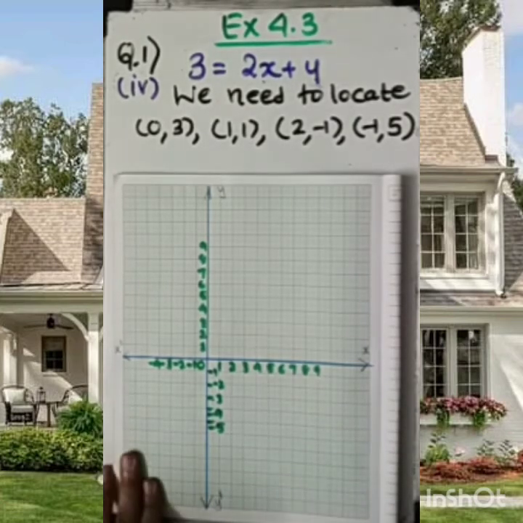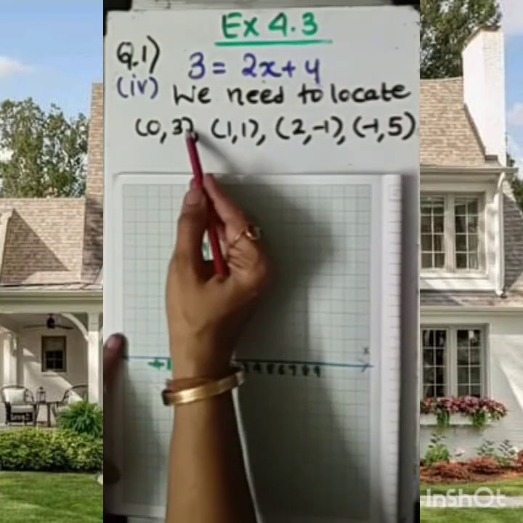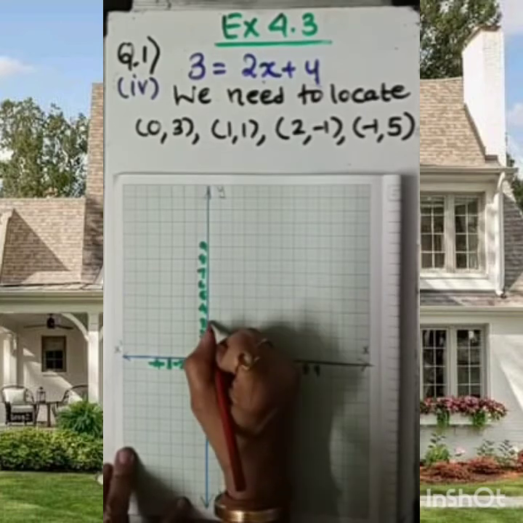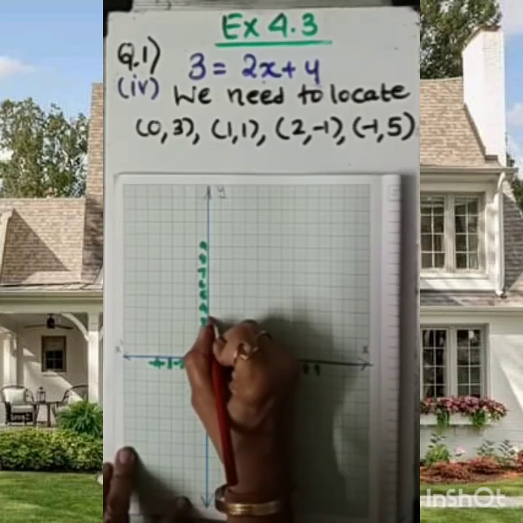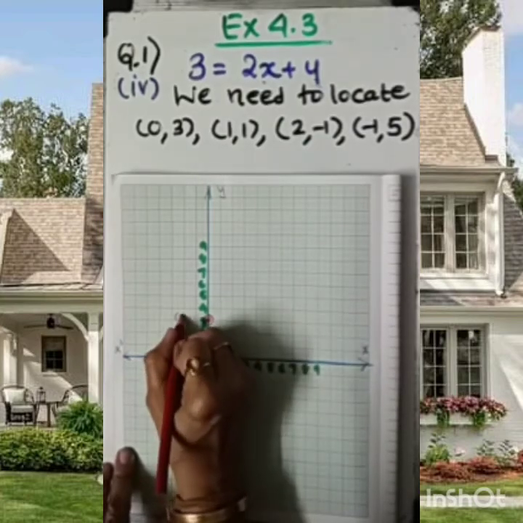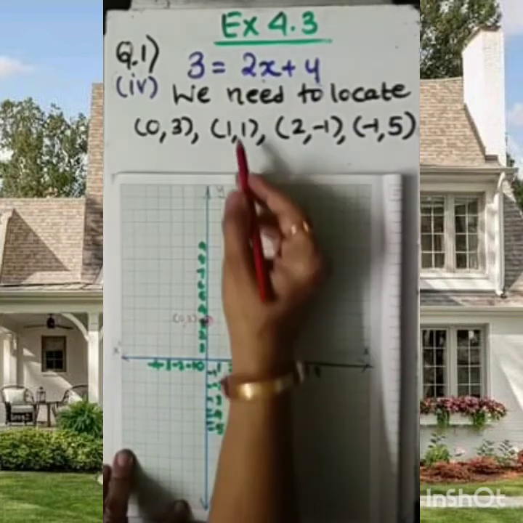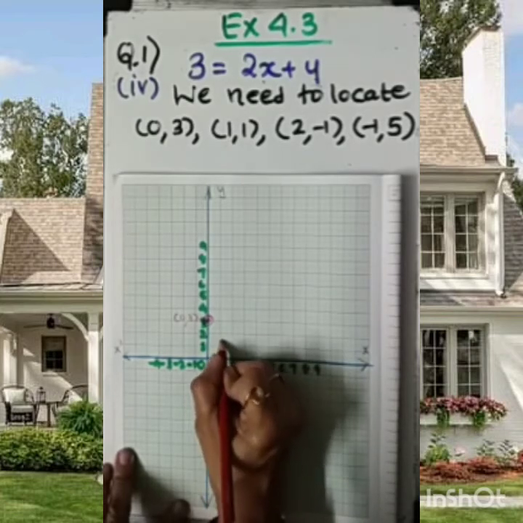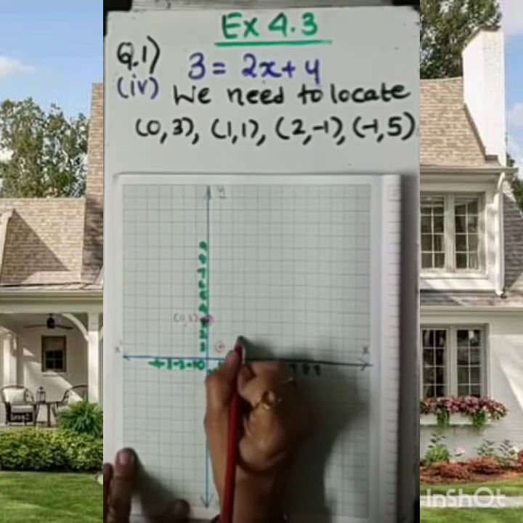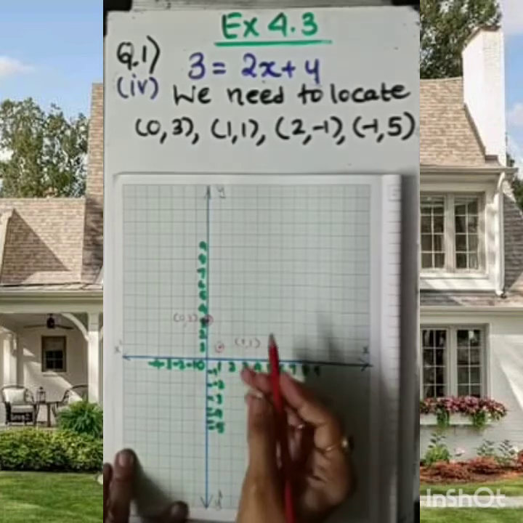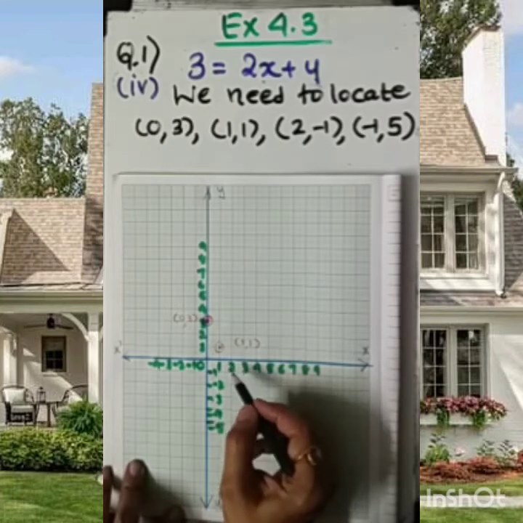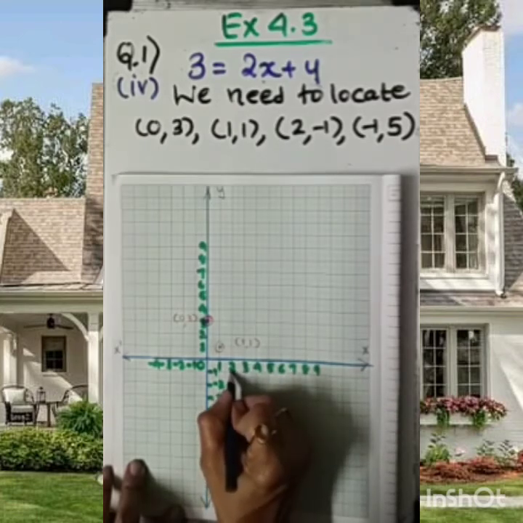First point which we have to locate is 0, 3. 0, 3 must lie on the y-axis, because 0 is connected with the x-axis, so I mention 0, 3 here. 1, 1, of course it will be in the first quadrant. So let me write 1, 1 here. 2, -1 must lie in the fourth quadrant.